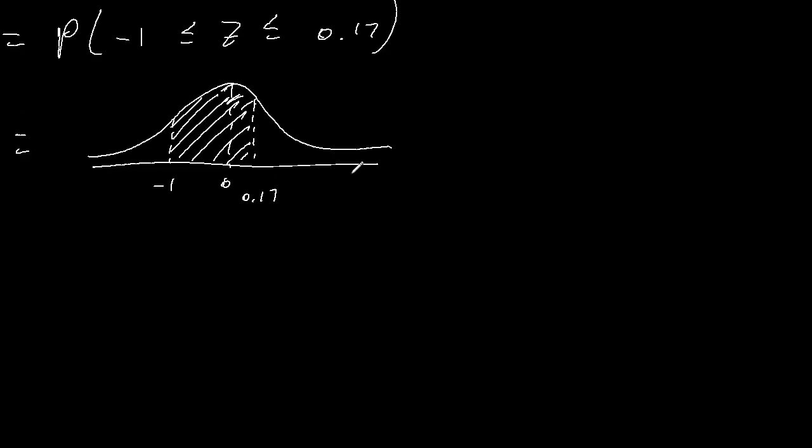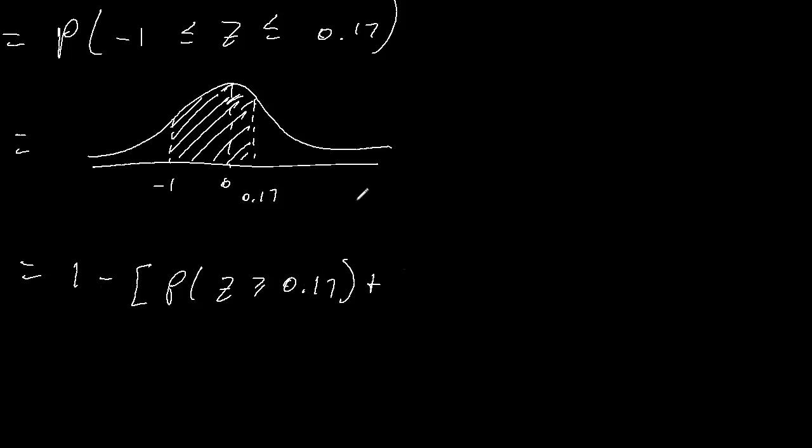We know the total area under the curve is equal to 1, so we can subtract this probability here. So 1 minus the probability of z greater than or equal to 0.17.